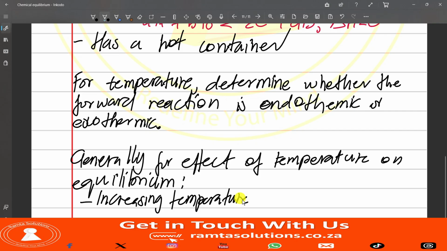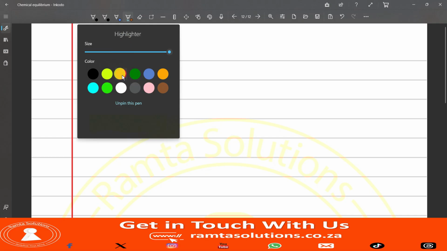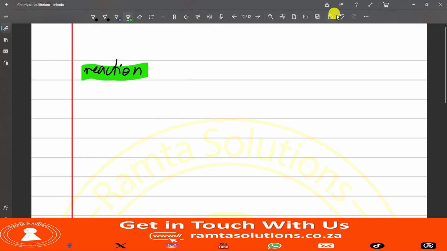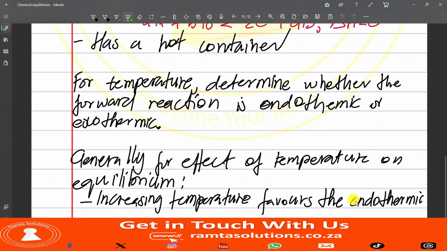Increasing temperature favors the endothermic reaction.